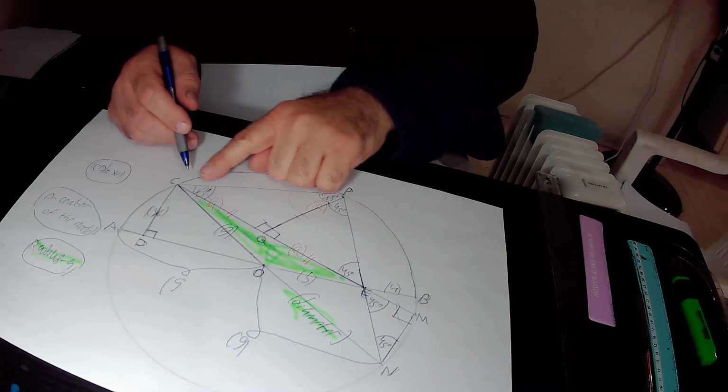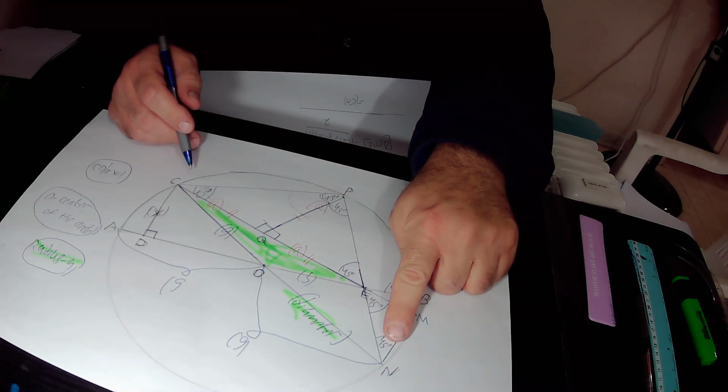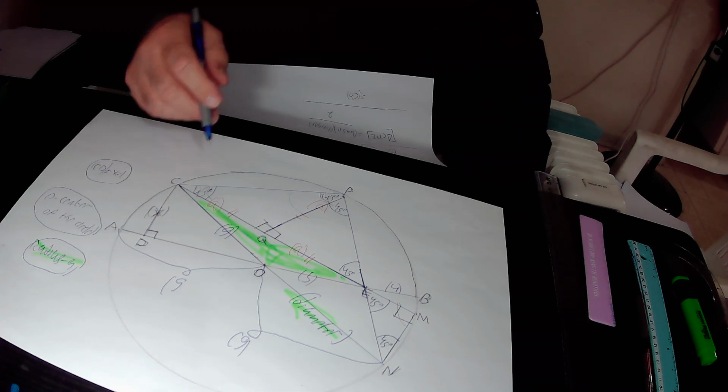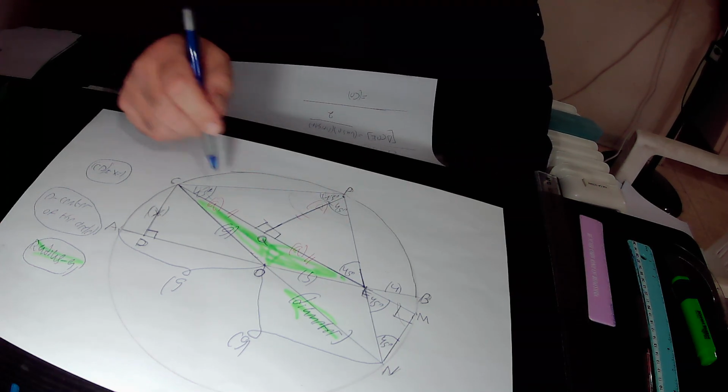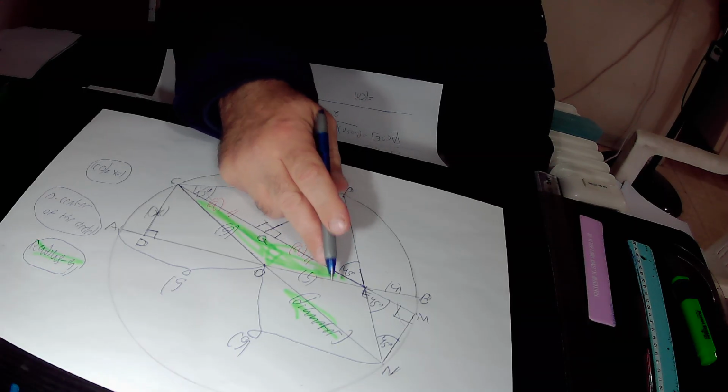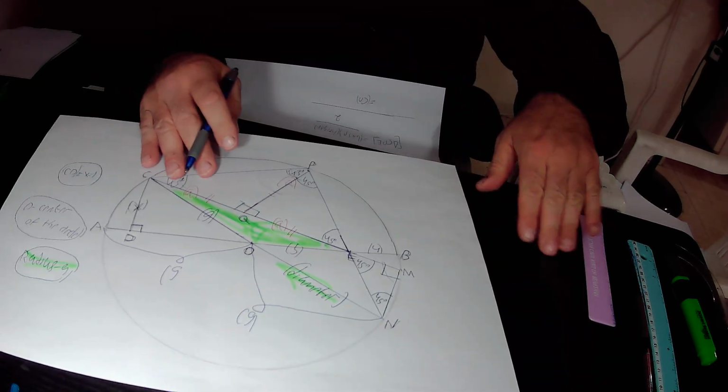CO is the base, therefore the extended base is CN. So the height to the base must make 90 degrees with the extended base CN. So just go perpendicular from point A to CN, and the perpendicular will be the height to the base because it makes 90 degrees with the base CN, with the extended base CN.